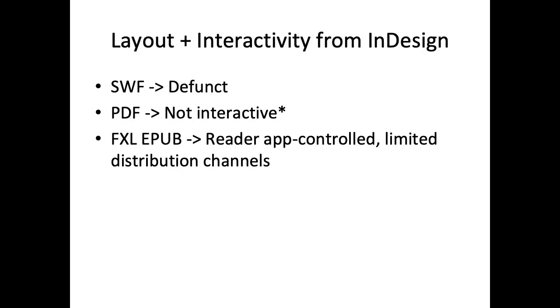Fixed layout EPUB can be good for certain things. It's great if you're selling to people who are on mobile devices. If you're going into that niche, it's really great. But everything is controlled by the reader app they're using. They all work a little differently, so you're not going to get consistency across platforms. If you want to do things like control page transitions, you can't.